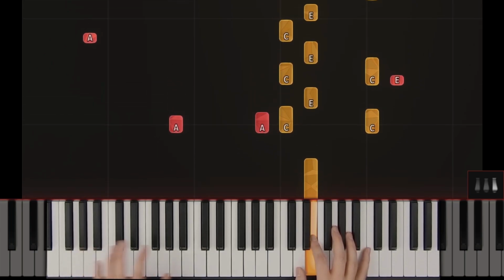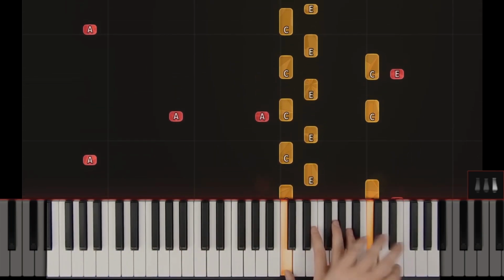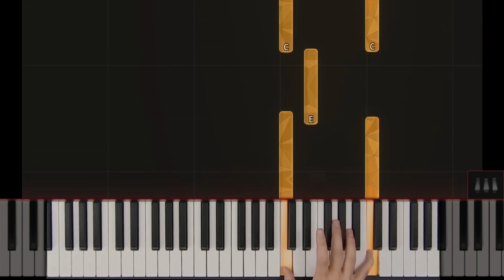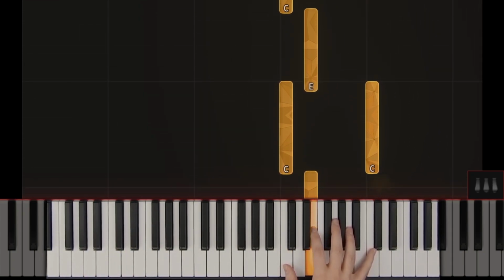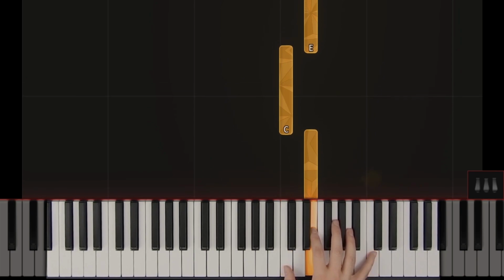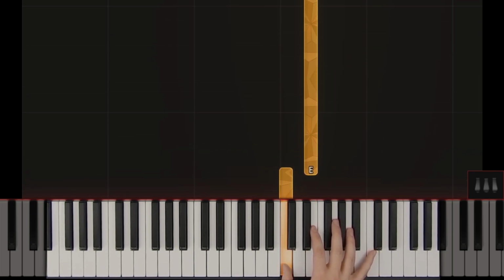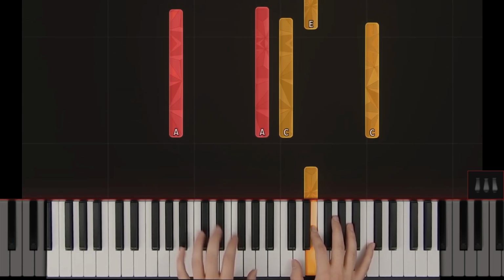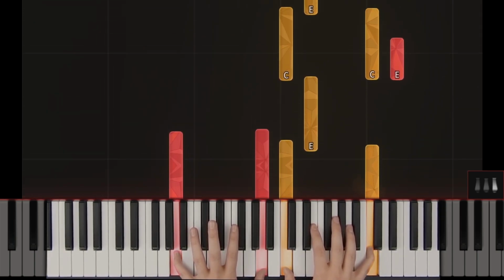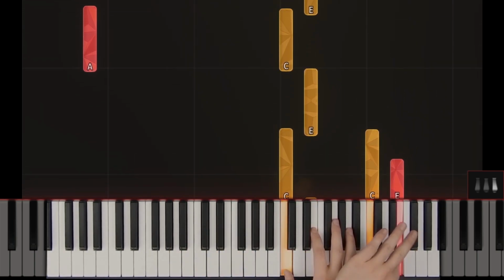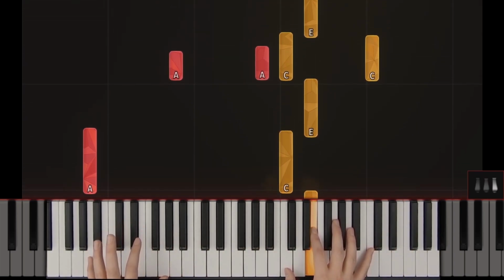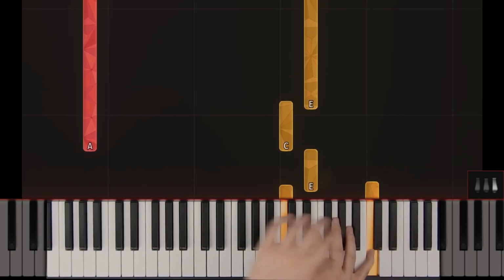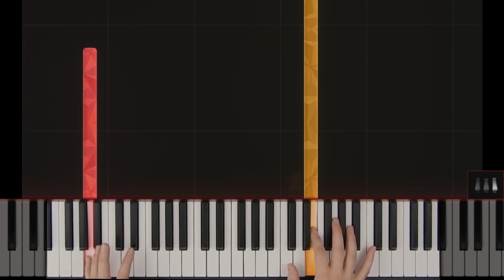Moving on. We have octave in the right, second finger, octave, second finger, 1, 2. With the left hand, it's octave in the left, E again, A in the bottom, and same thing. Like that.